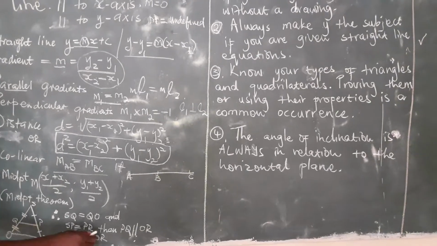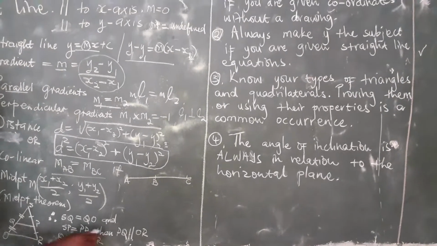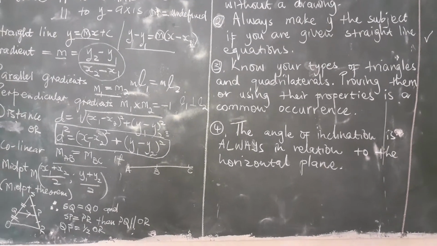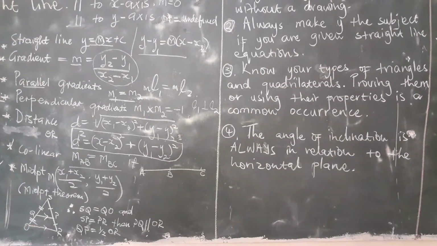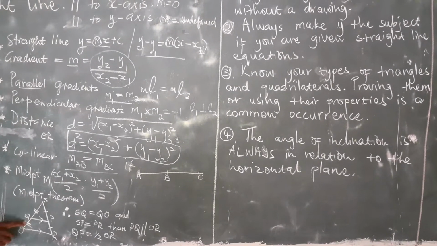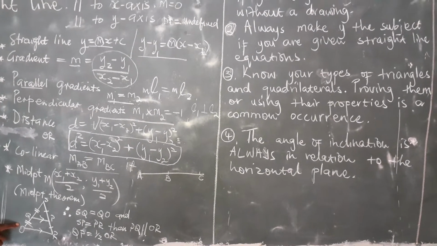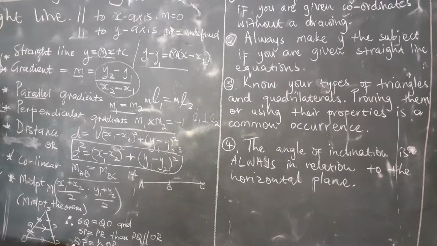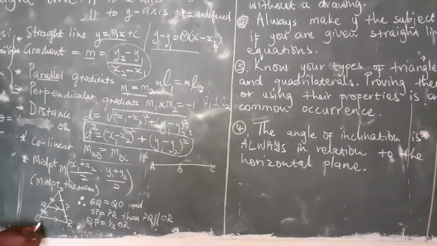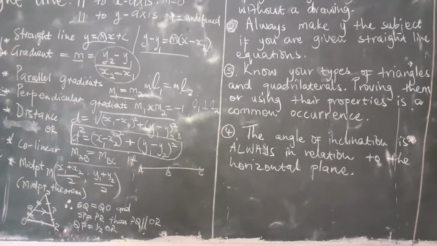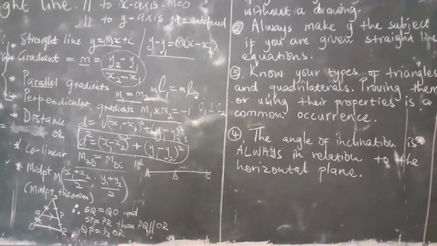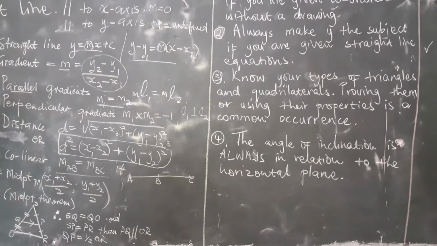Therefore, PQ must be parallel to OR, in the case of the midpoint theorem in Euclidean geometry. Therefore, QP must be half of OR. That is how this equation should be used.